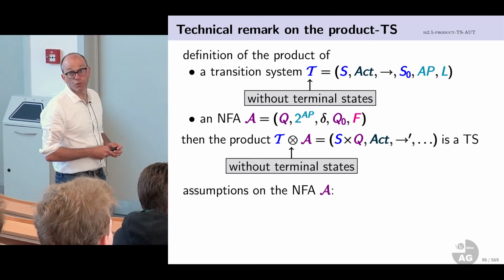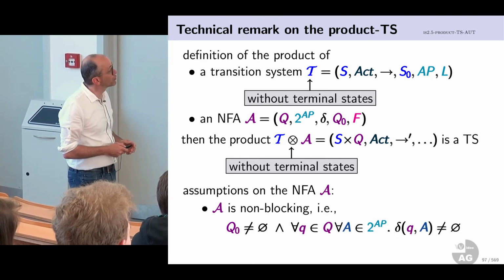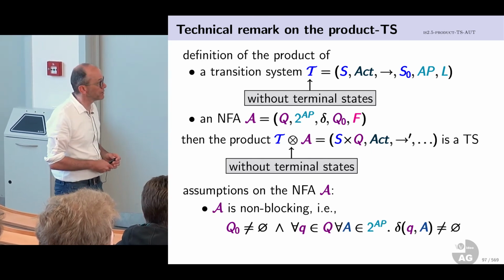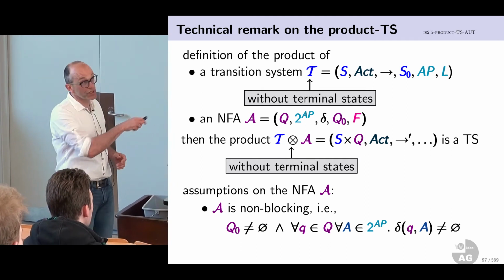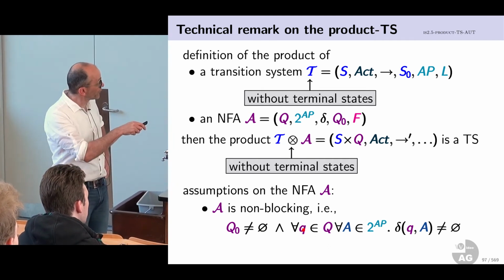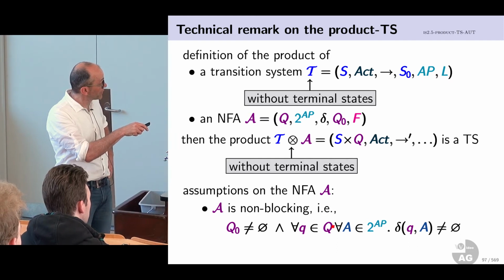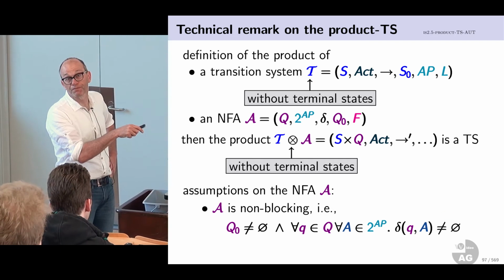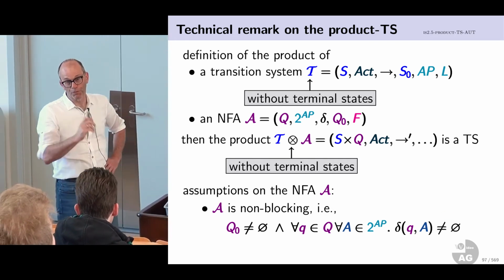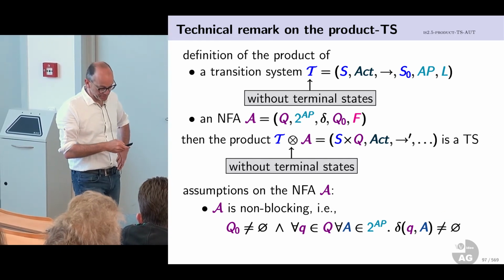What are the assumptions we're going to make on the NFA? We're going to make 2 assumptions. A is non-blocking, or what you call complete. Non-blocking means there is at least one initial state, and for every state in my automaton, for every possible next input symbol, there is a transition. You call this completeness. It's non-blocking.